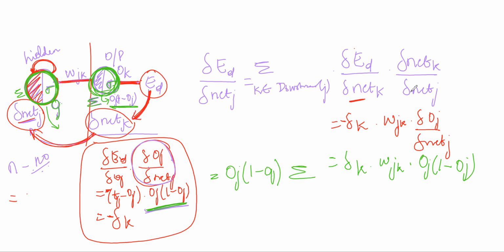Summation with respect to downstream of j, of delta K into WKj. So this is going to be my training rule for the hidden neural network weights, or the hidden unit weights.